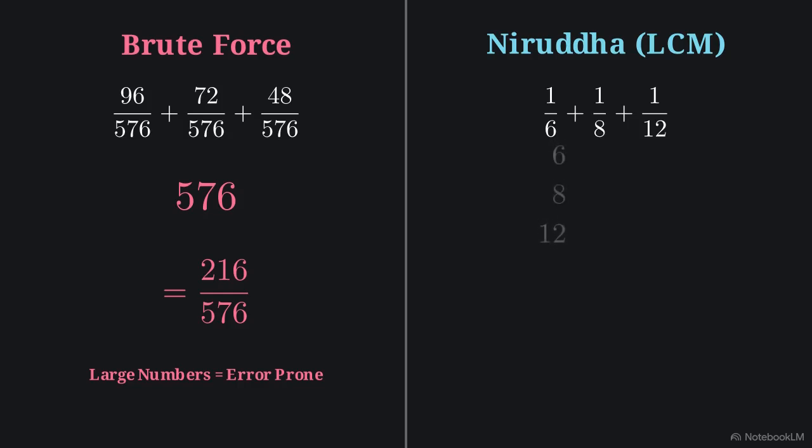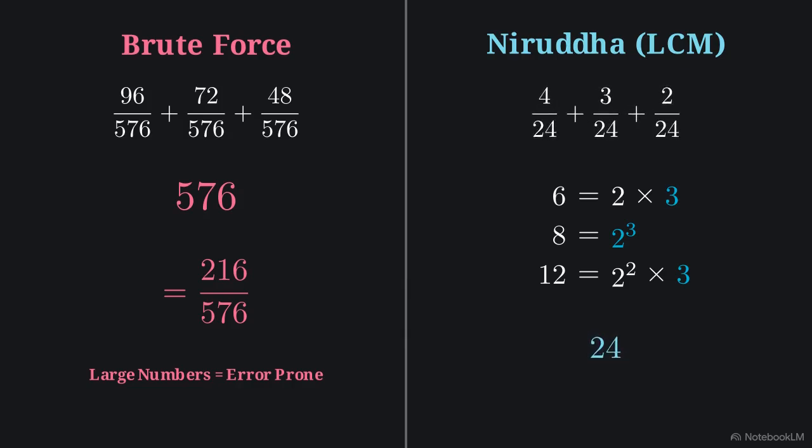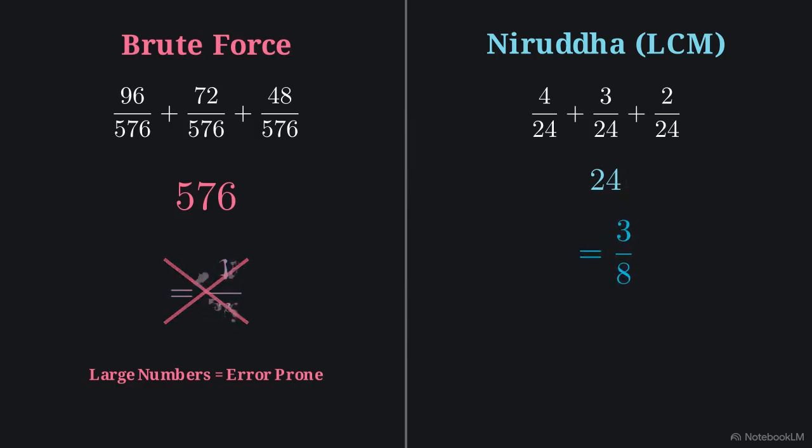Over on the right, we apply the Niruddha algorithm. Instead of multiplying everything, we map the numbers down to their prime components, extracting the common factors at their highest powers. This isolates the absolute smallest number divisible by every original denominator. The math collapses into a base of 24. The addition runs cleanly, generating 9 over 24, which simplifies to 3/8.